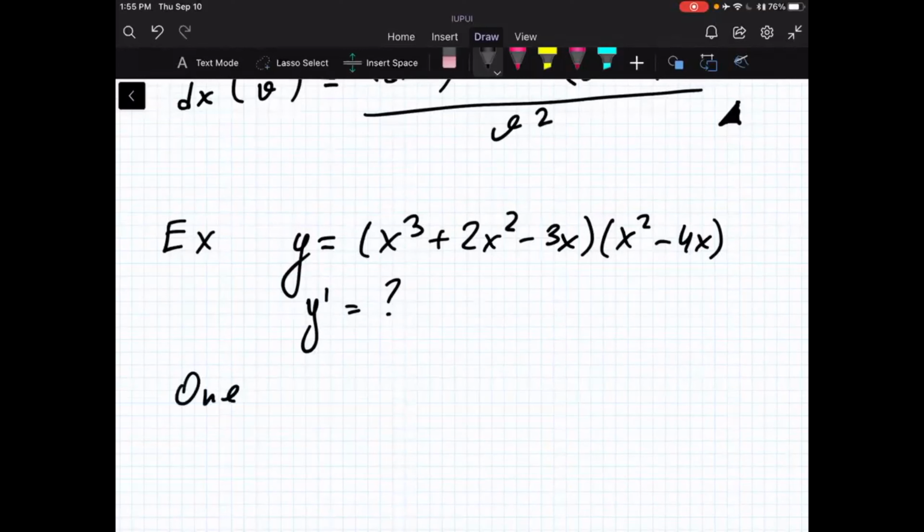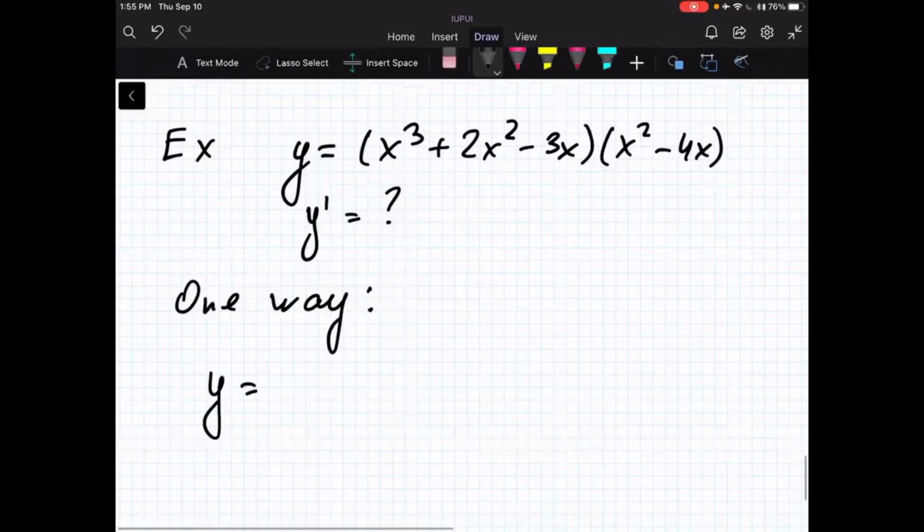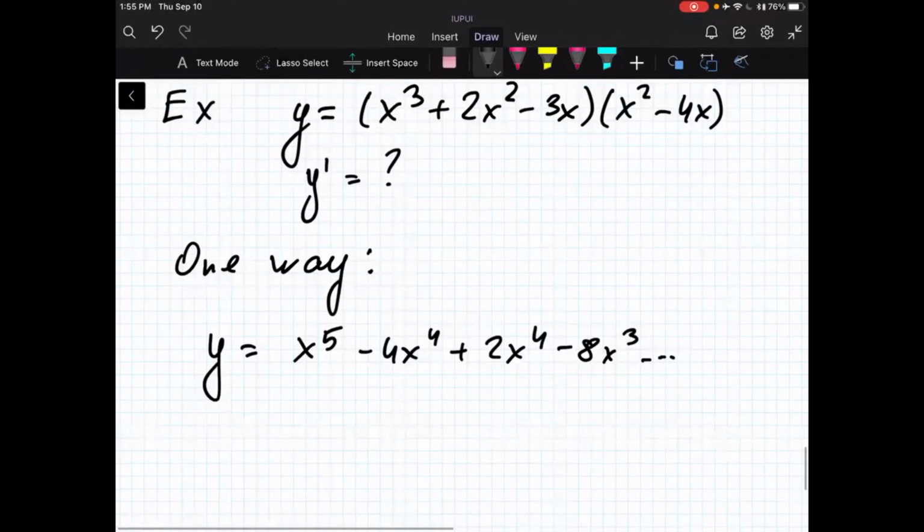So y is equal to x to the power 5 minus 4x to the power 4 plus 2x to the power 4 minus 8x to the power 3, and so on. And then differentiate.